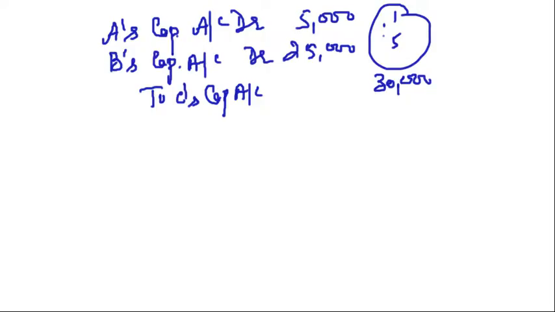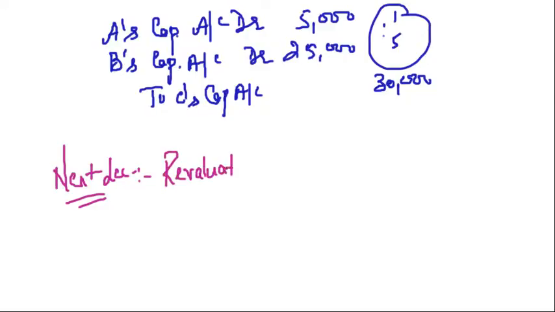So friends, this is all about goodwill in case of retirement of a partner. In the next lecture, we are going to start with the new topic, that is revaluation of assets and liabilities.